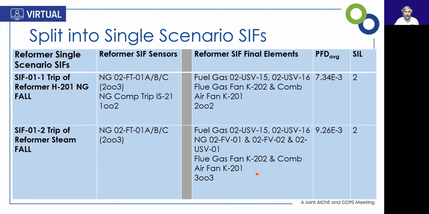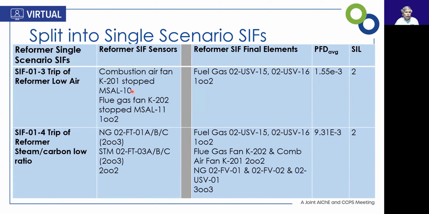So we take the natural gas out of the furnace, and we take the heat sources out of the furnace. So now we go to number 3, which is low reformer airflow. And one sensor is combustion air fan stopped.